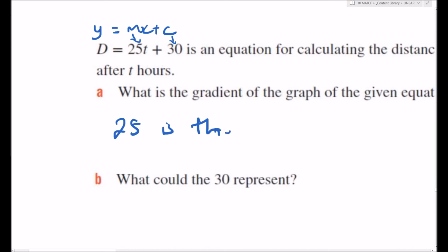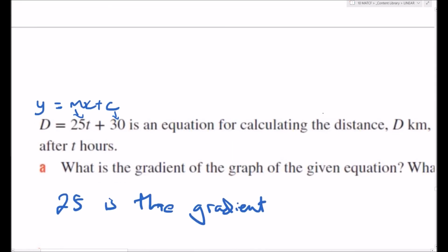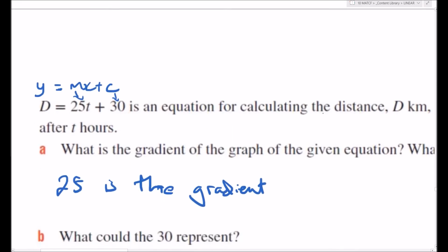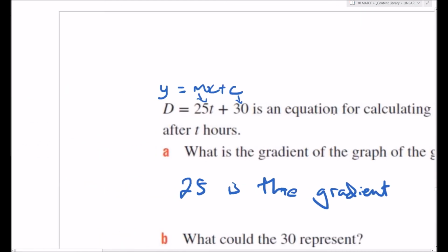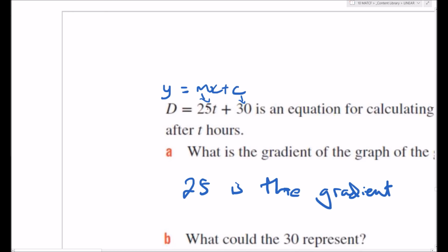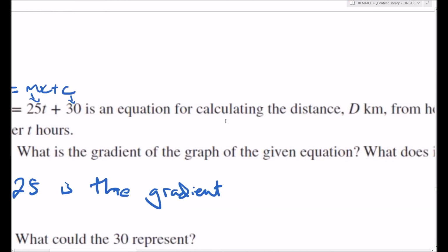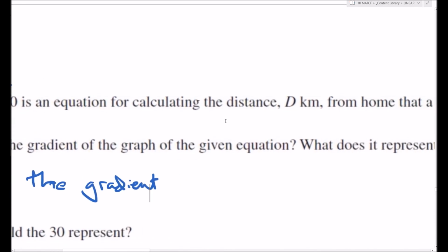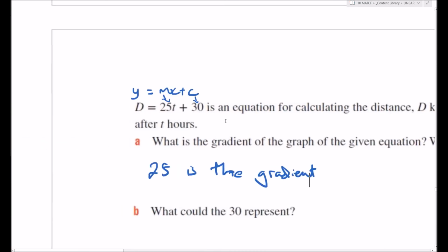Now remember what the gradient represents and what it's the same as in terms of recursion, just to help you understand what it means. The gradient, remember, is the same as the common difference. Now in this case, if it's the same as a common difference, it's going up by a certain amount. And it's going up because if you look at the gradient, it's a positive number. It's not going down. It's going up. Read the question. This is an equation calculating the distance d from the home that a cyclist has traveled after t hours.